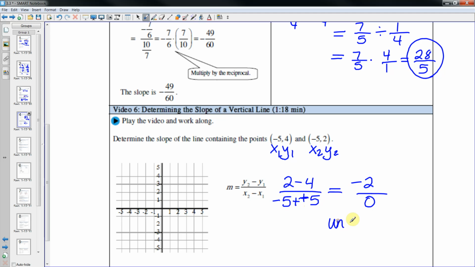So I know that that's undefined. If I had plotted these points, negative 5 up 4 and negative 5 up 2, I would have seen right away that I had a vertical line, and I know that vertical lines have an undefined slope.